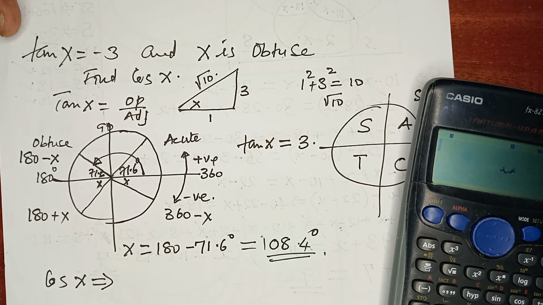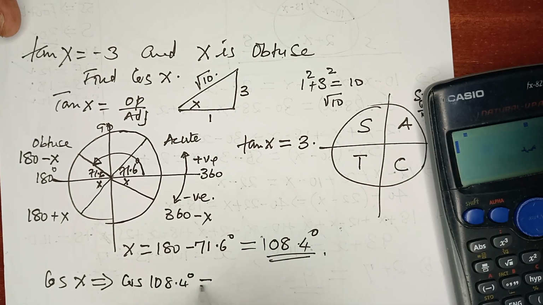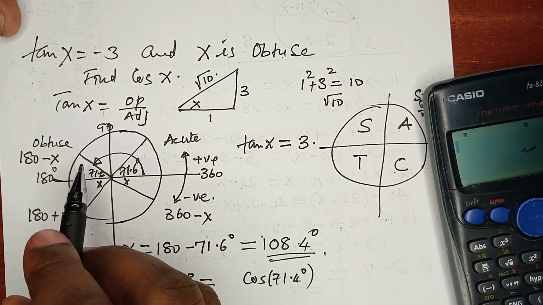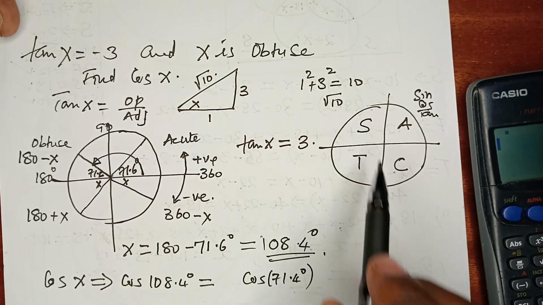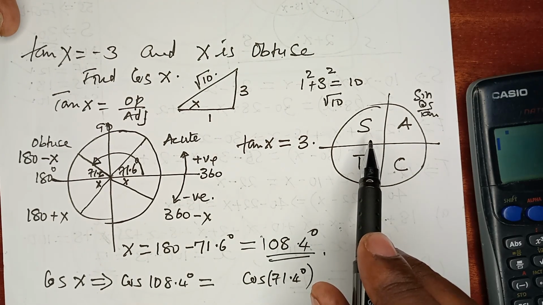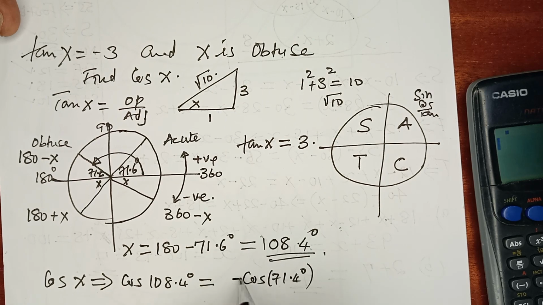So we know that the cosine of x is equal to the cosine of 108.4 degrees, which is exactly equal to the cosine of 71.6 degrees. But now remember that this one is in the second quadrant, and in the second quadrant only sine is positive, so this one has to be negative whatsoever.